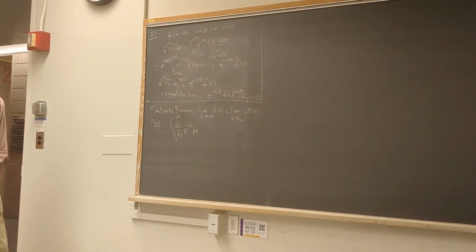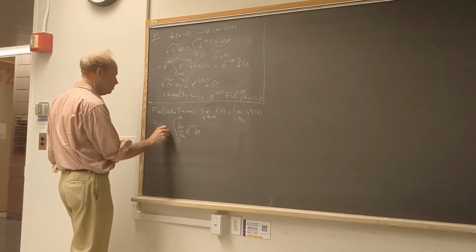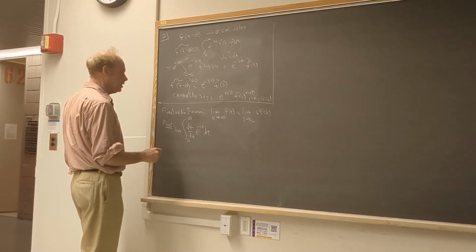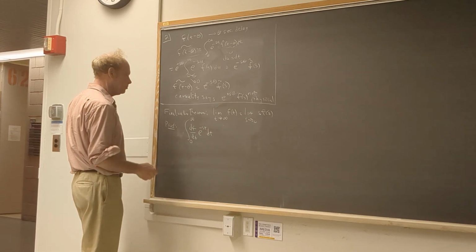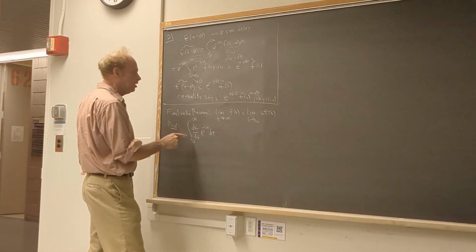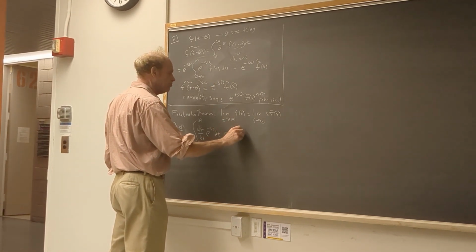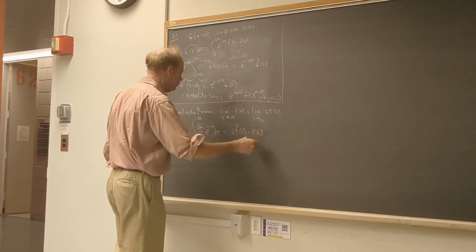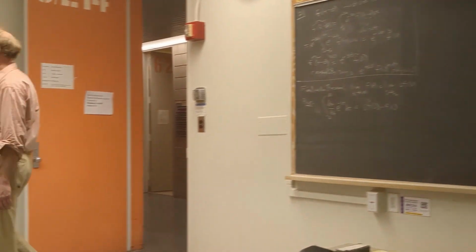Let's take the limit as s goes to 0 of this. Or, well, let's look, this is the Laplace transform of the derivative. And we know that this is equal to s f tilde of s minus f of 0. So this is exactly just what I wrote here.